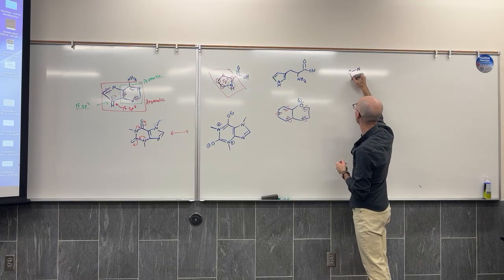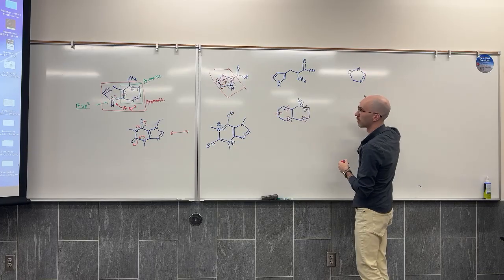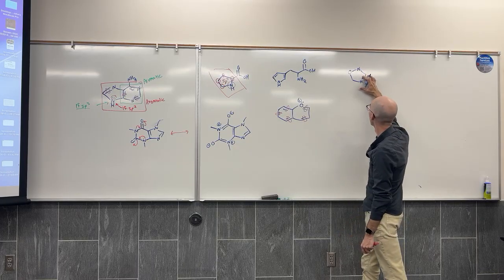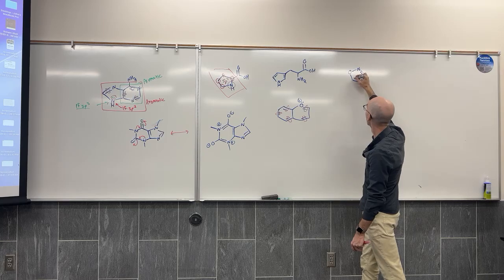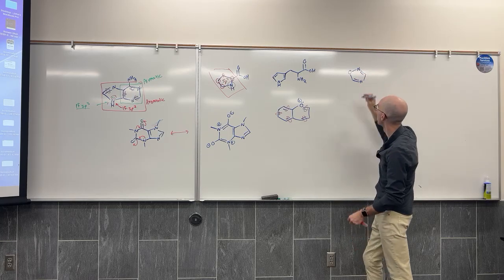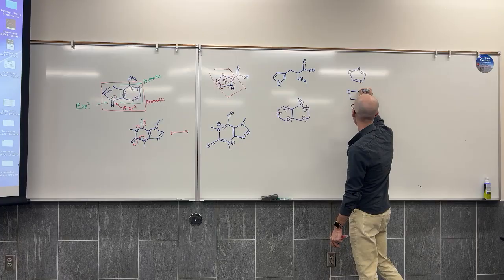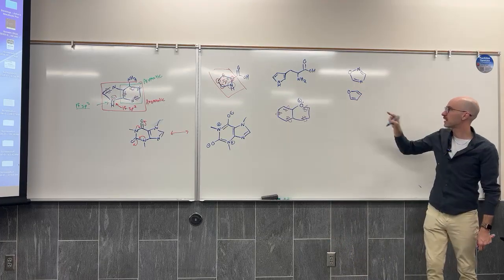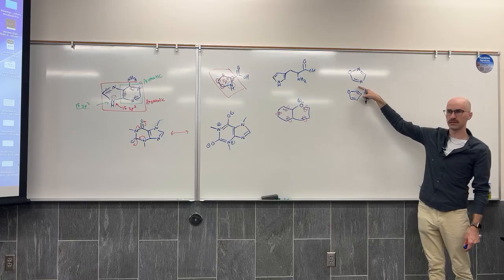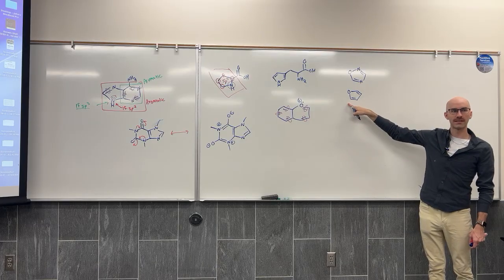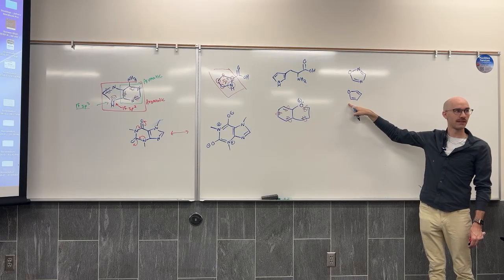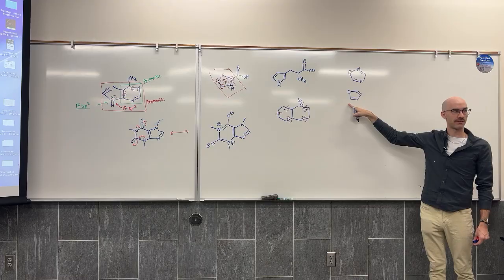Which is such a cool structure in my opinion. Oh, I did that wrong. Do you guys remember furan from yesterday? By the way, if you add 4 hydrogens, you get tetrahydrofuran, which is THF.